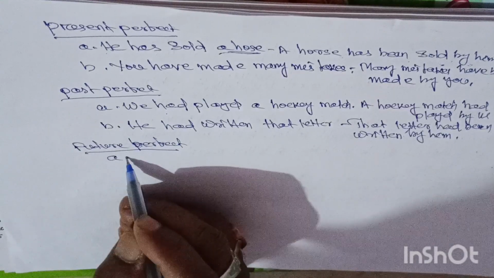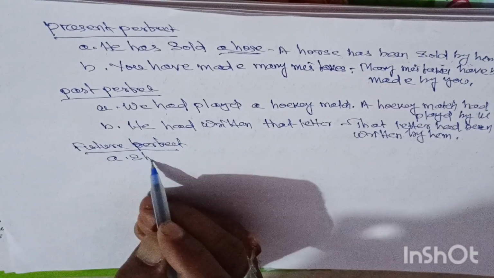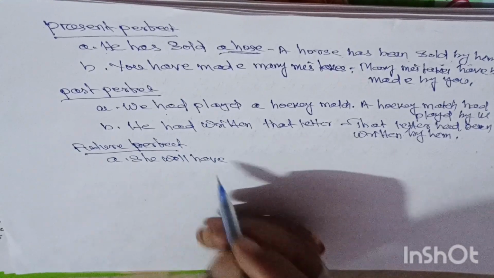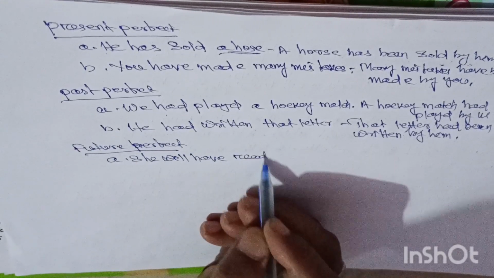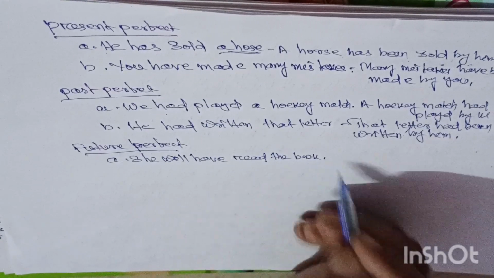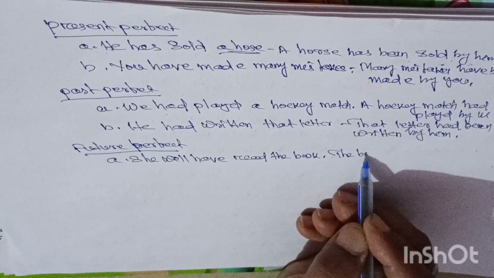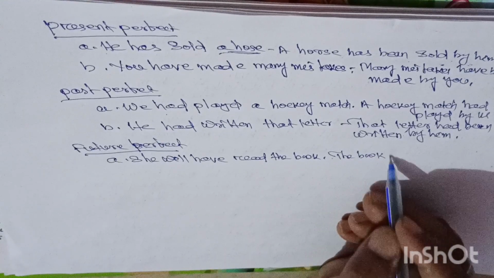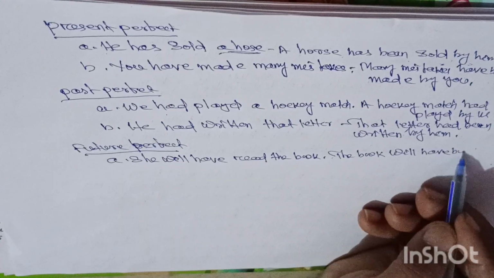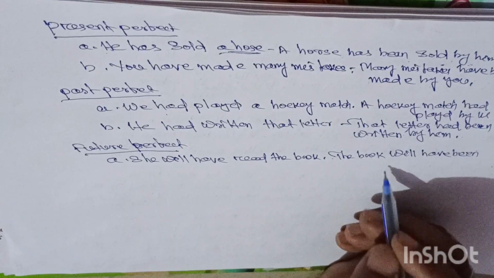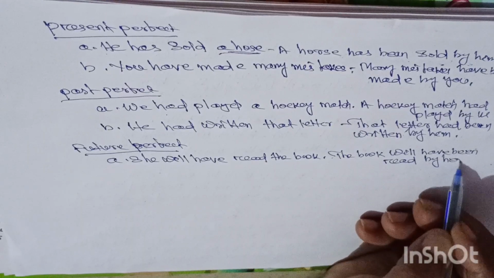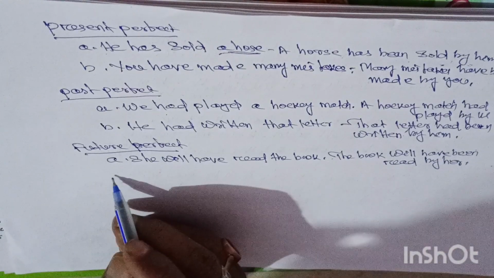One example is "she will have read the book". Here the object is the book, so "the book" is used. Then put "will have been" or "shall have been", then the verb in past participle: "read by her". That is the future perfect.